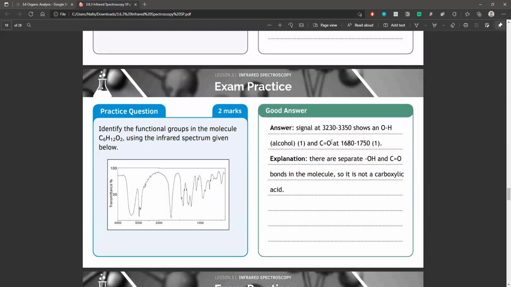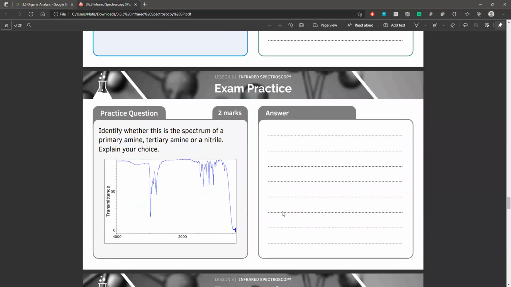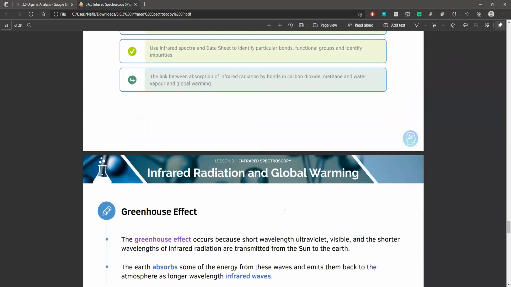So OH, C double bond O, and then obviously going to be CH. But because the OH and C double bond O are separate, we know it can't be a carboxylic acid. I won't do this one.